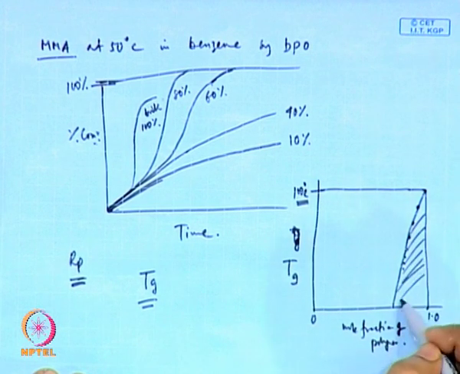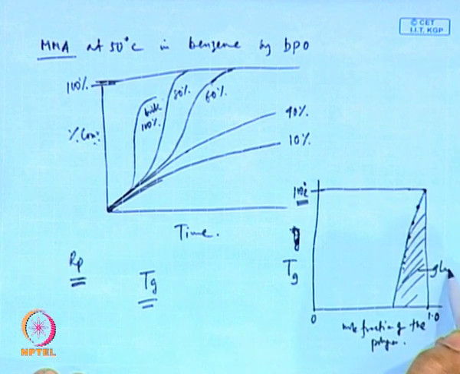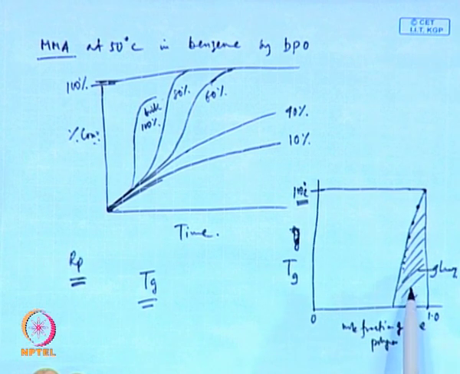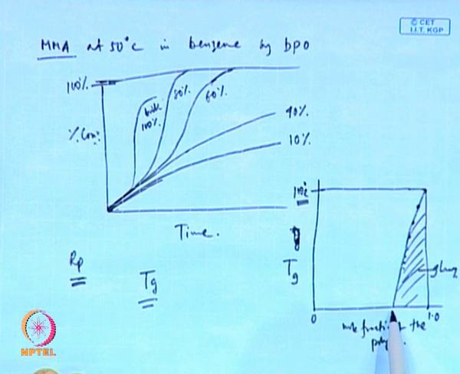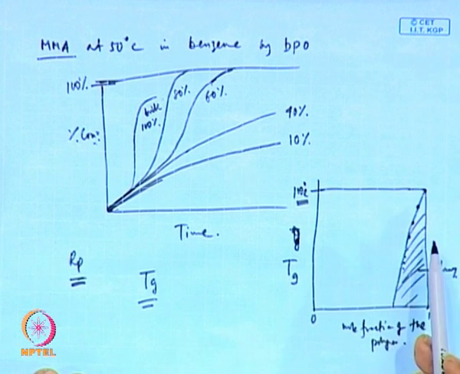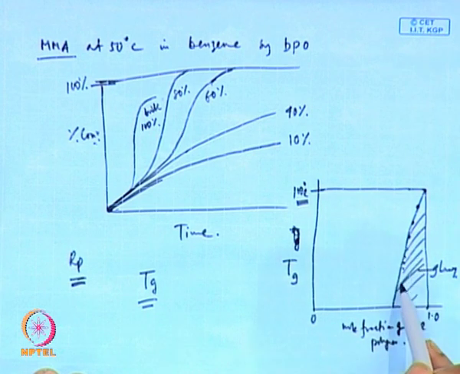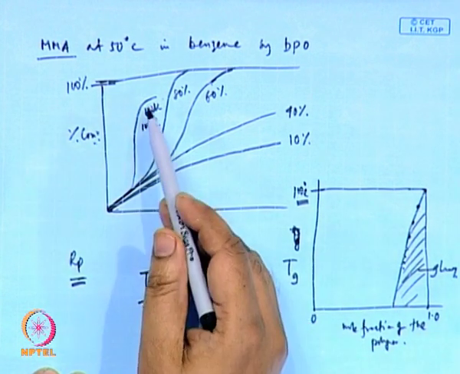So, this is your glassy part. So, you have to carry out the reaction above the glass transition temperature. Okay. And you know the glass transition temperature comes down with more and more monomer present in the system or polymerization medium.